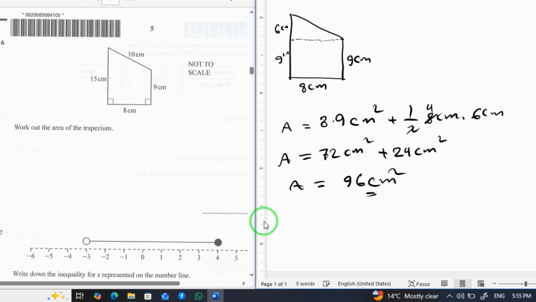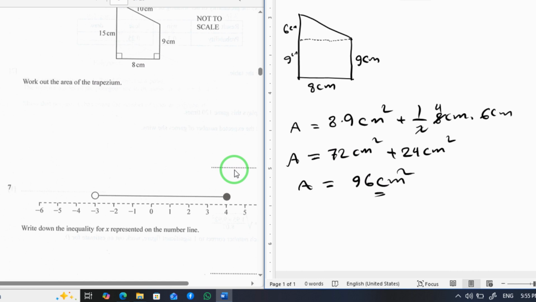This is the area of this trapezium. We should write the answer here.